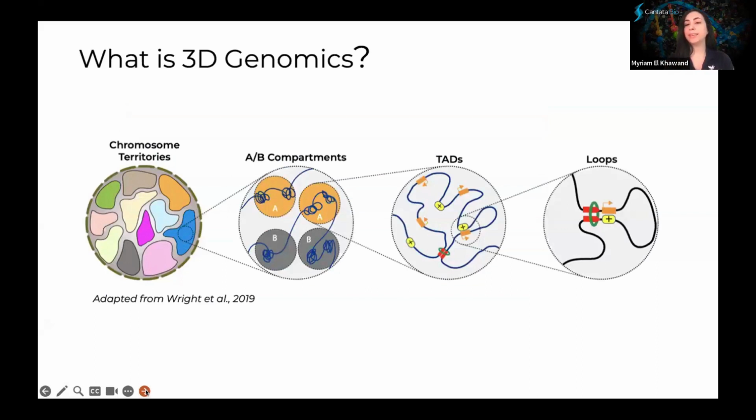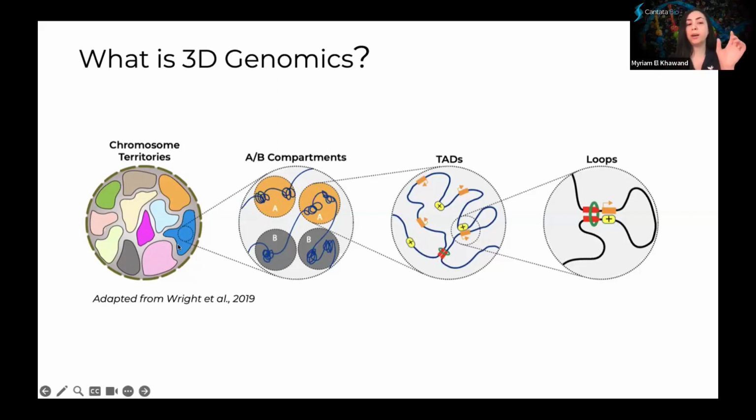3D genomics is that deliberate packaging of the chromatin in the nucleus. And it's based on the fact that the genome is not randomly packaged and positioned in the nucleus. And the 3D organization of the genome shows a hierarchy. So at the high level, you see these chromosome territories, which are the non-overlapping regions that each individual chromosome occupies within the nucleus.